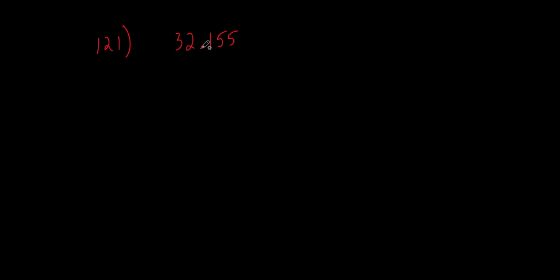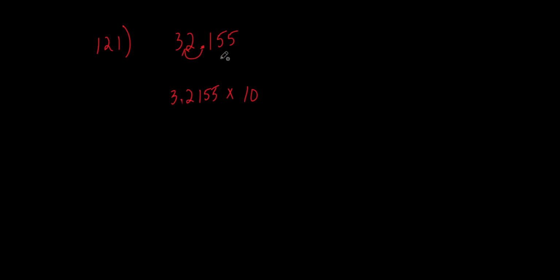So where do I need that decimal point? It was here. Where do I need it if I'm going to write it in scientific notation? I'm going to move it right here. So it's going to be 3.2155 times 10. Now look what we did. We took a bigger number and we made it smaller, didn't we?